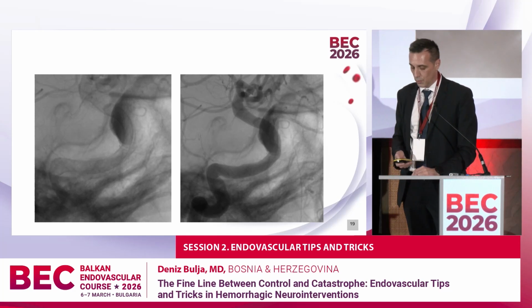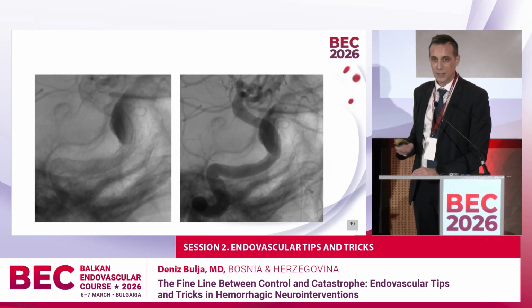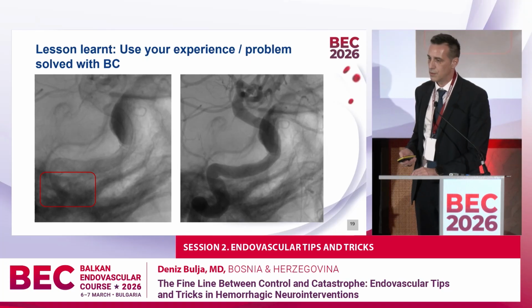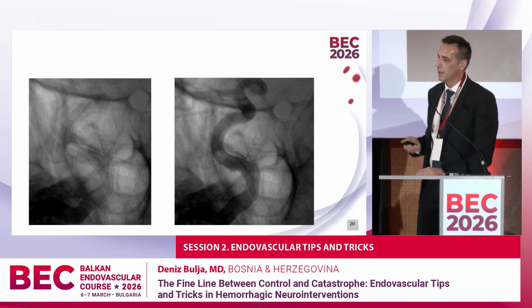Of course, we already learned from experience, so in this case we used a balloon and fixed this. So have a balloon catheter with you when you're doing an intervention.